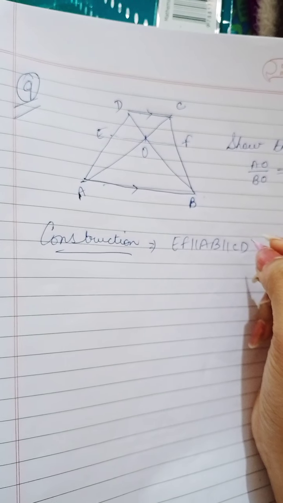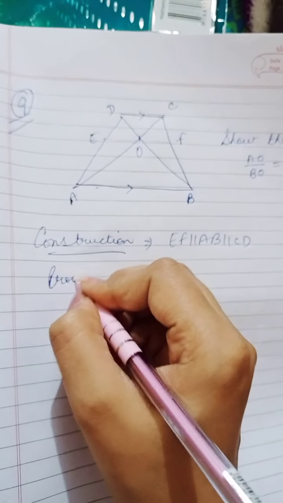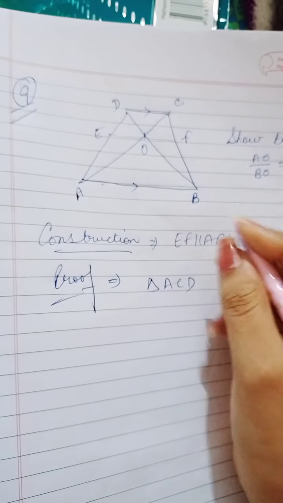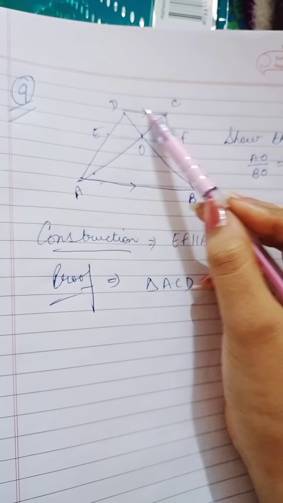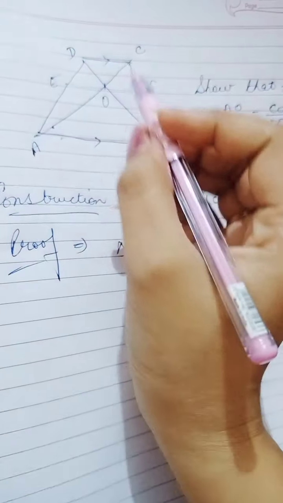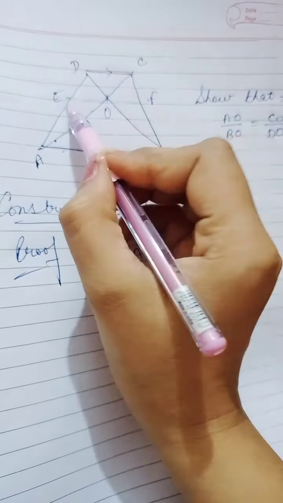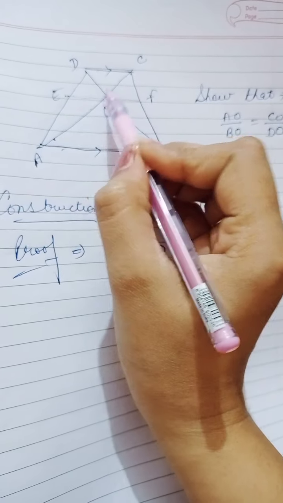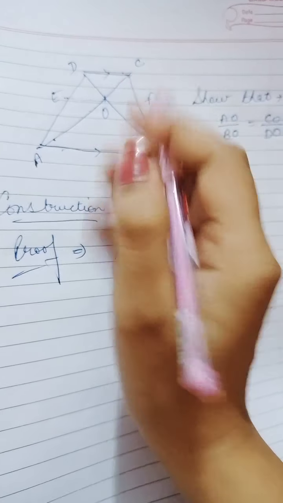This type of line we have to construct. In the proof, in triangle ACD, you can see that OE would be parallel to DC, because the complete line is parallel to this. So the part of EF, that is EO, would be parallel to DC.